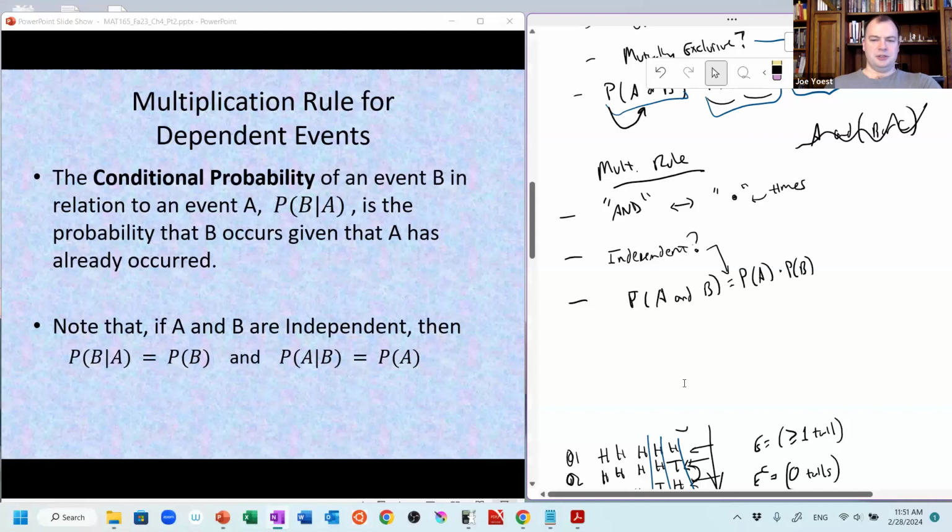Okay, so we have this other idea now, the idea of conditional probability. The conditional probability of event B in relation to A. We write that as probability of B, vertical line, A. We pronounce this vertical line as "given."